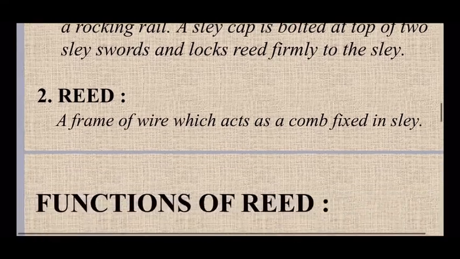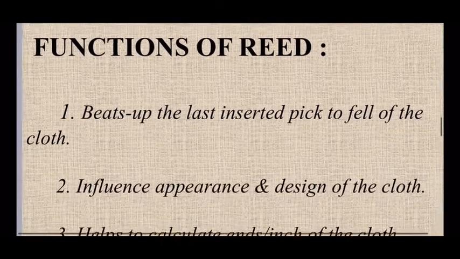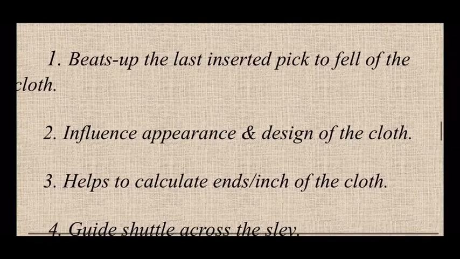Another part is the reed, which you already know. It's a frame of wires which acts as a comb fixed in the sley. Warp threads are passed through this reed according to the denting order. Functions of the reed, we have already covered when we took the basic terms, but again I will revise.